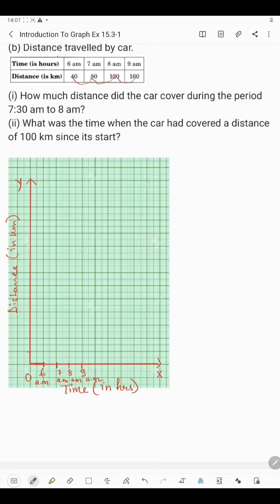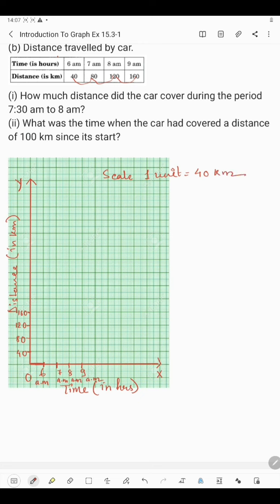So if you take 1 unit equal to 40, then we can easily plot all these numbers: 40, 80, 120 and 160. These all are in kilometer. So here the scale on the y-axis is 1 unit. Here 1 box is 40 kilometer we have taken. So we'll write 1 unit is equal to 40 kilometer.